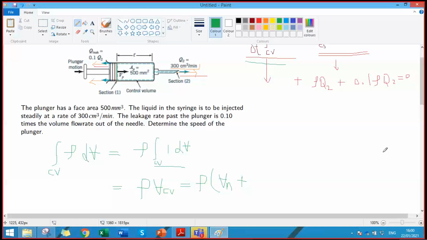Pi r square L. एरिया ऑफ प्लंजर हमें गिवन है, राइट? Area of plunger multiplied by its length, the length of the cylinder, right? So AP into length. Clear है यहाँ तक?